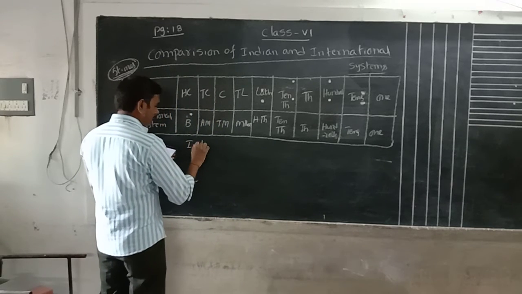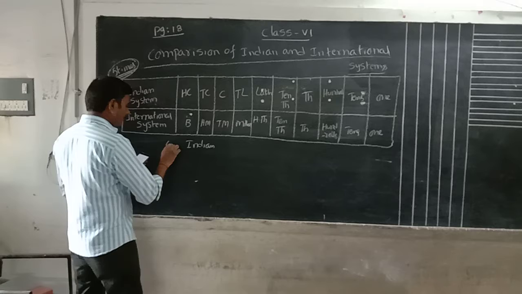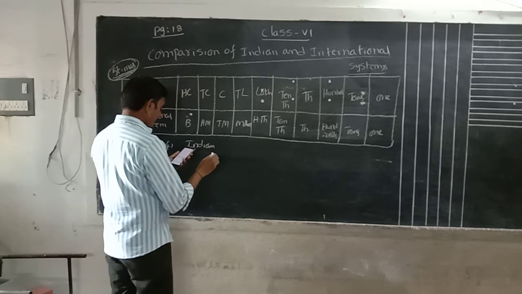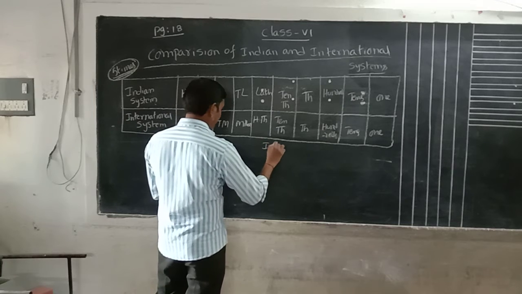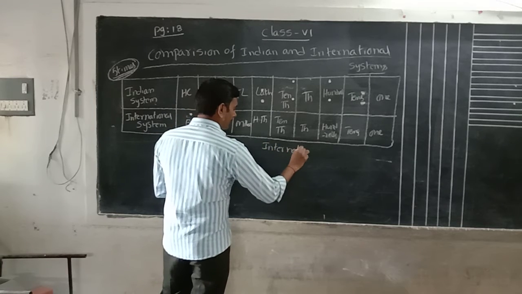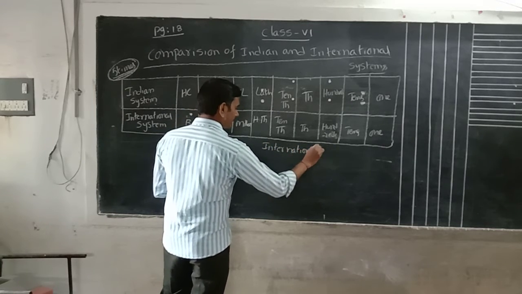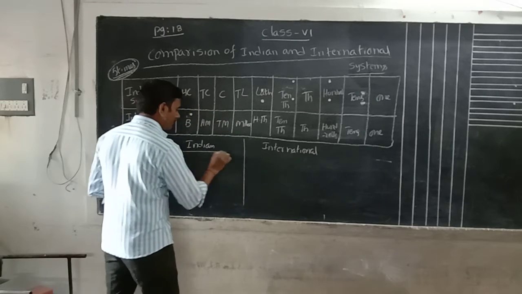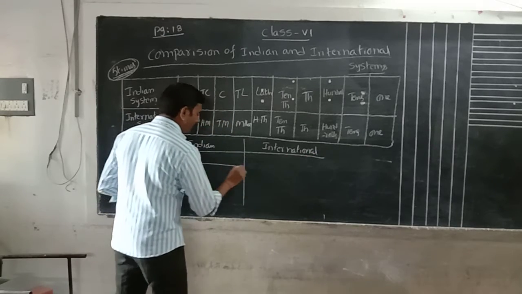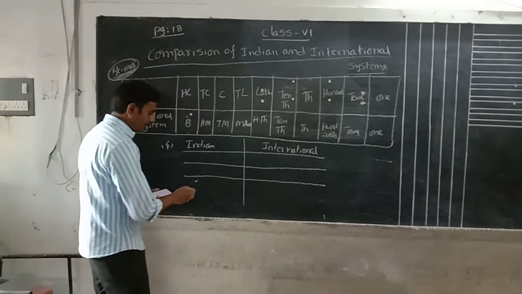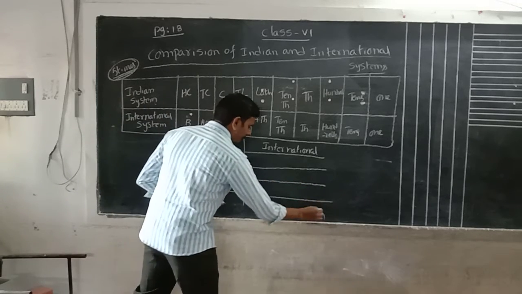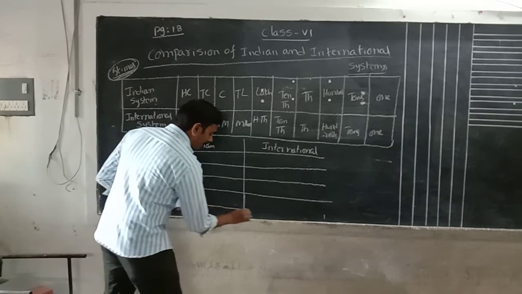This is the Indian system and this is the international system. I will show you the first two Romans. There are only 4 sums; complete them yourself. Just separate with commas.